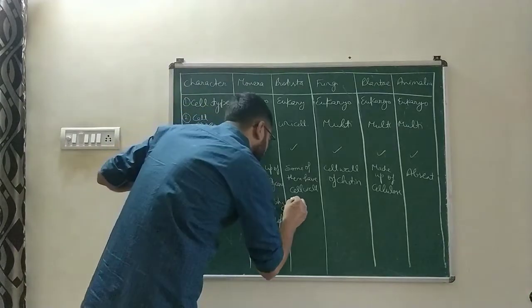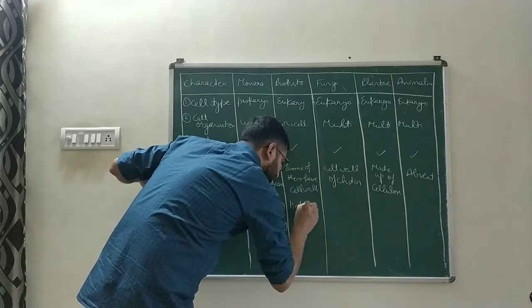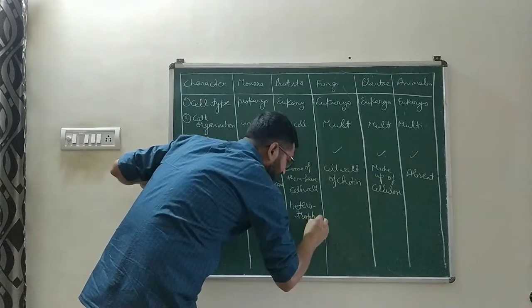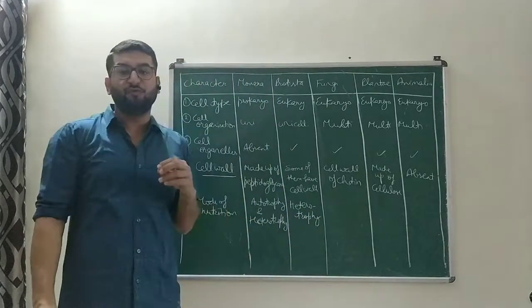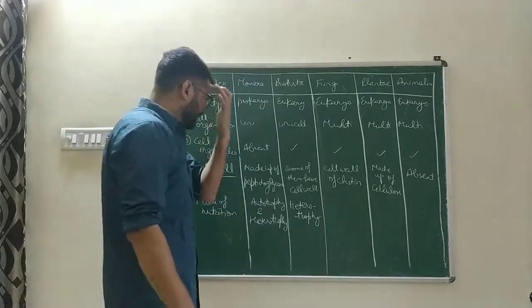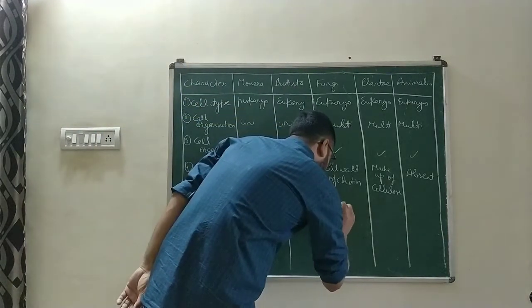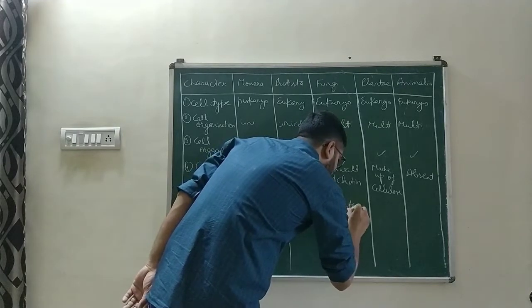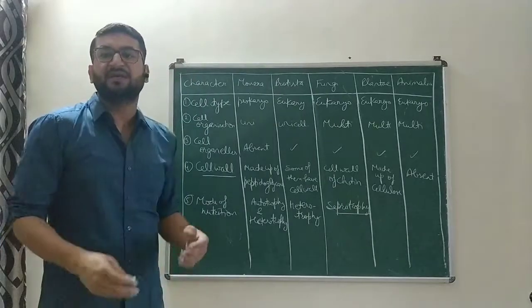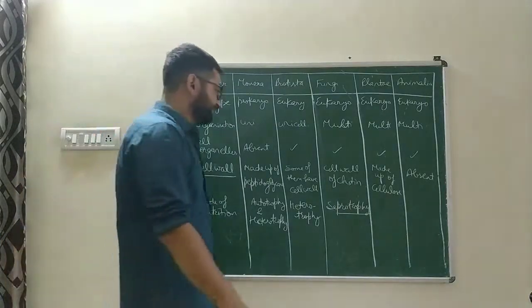Protista shows heterotrophy in most of the cases, but few protists are there which show autotrophy as well. Fungi show saprotrophy, which is a type of heterotrophism. They take their food from decomposed material.